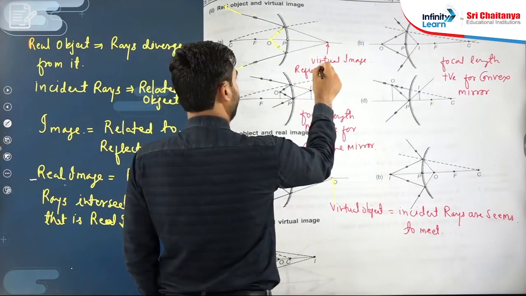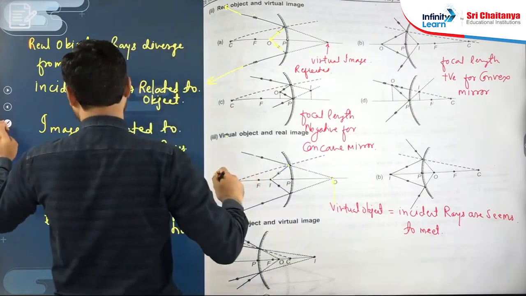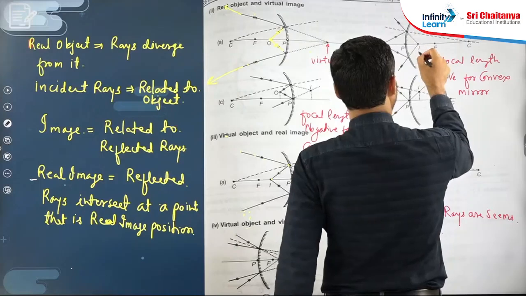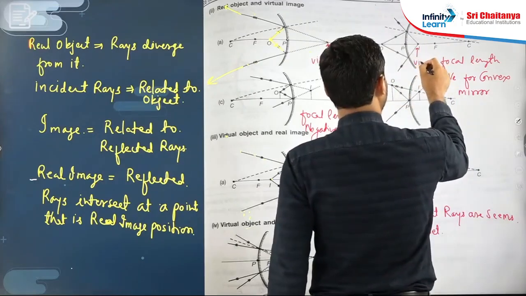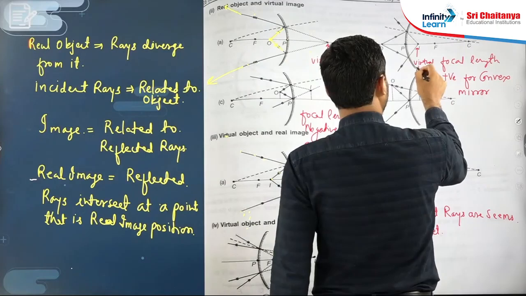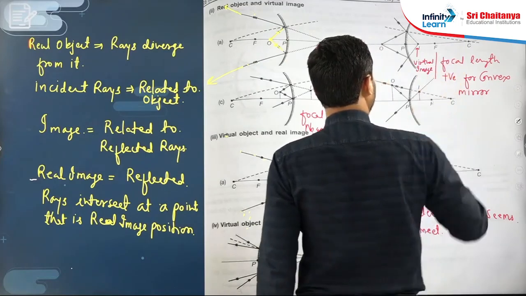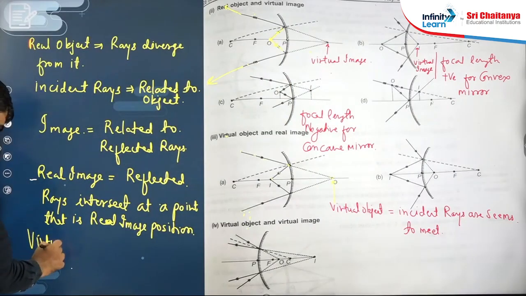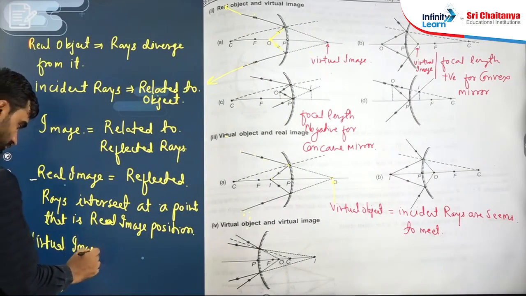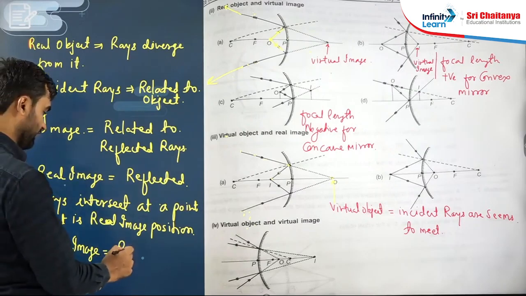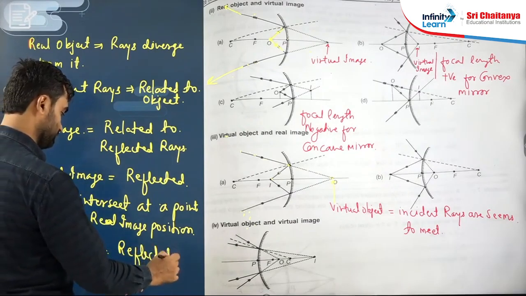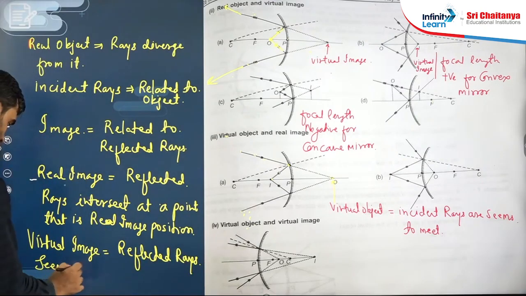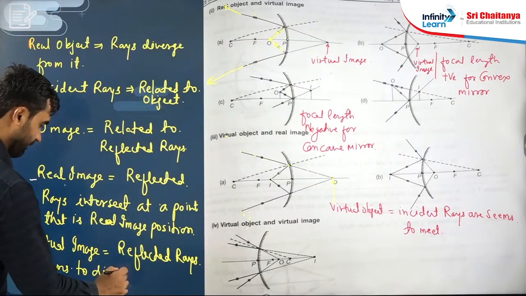Here I will write the definition, and this is also a virtual image. Virtual image definition: reflected rays seem to diverge.